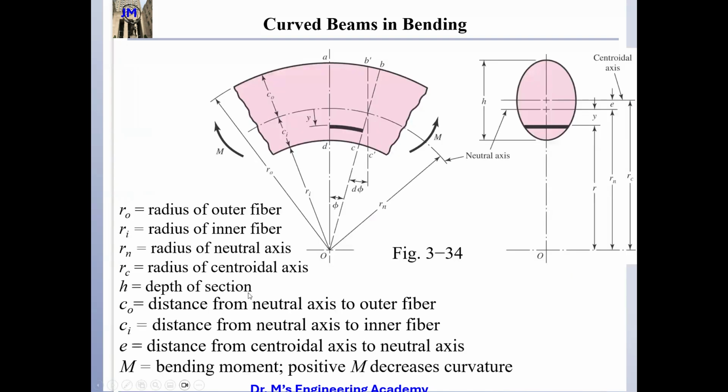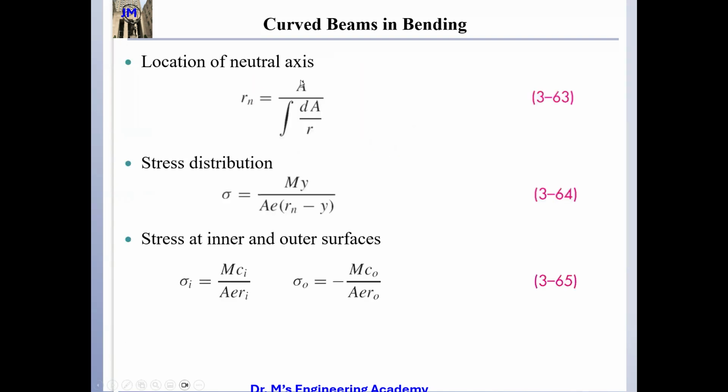So how to calculate? This is rn, and you need to use this equation to calculate it. rn equals the cross-sectional area divided by the integral of dA over r.